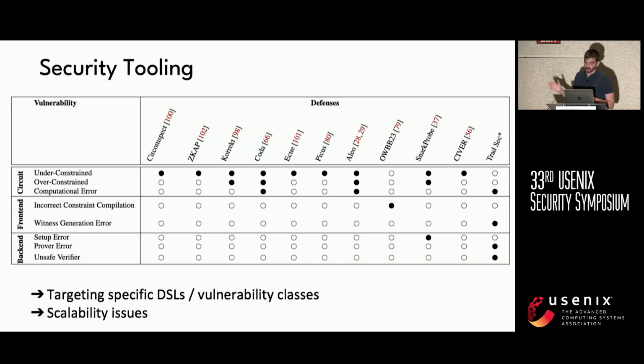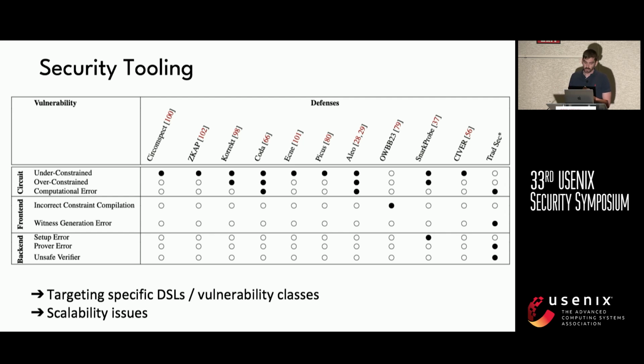Finally, in that table, we have all the different security tools that have been developed for ZKPs, and people have tried to use many different formal methods for finding vulnerabilities, mainly in the circuit layer. What we can see is that most tools focus on under-constrained bugs, which is the main category of vulnerabilities in the circuit layer.